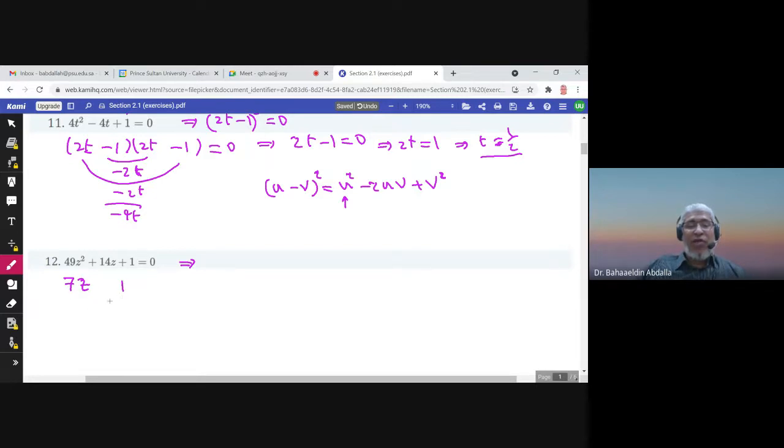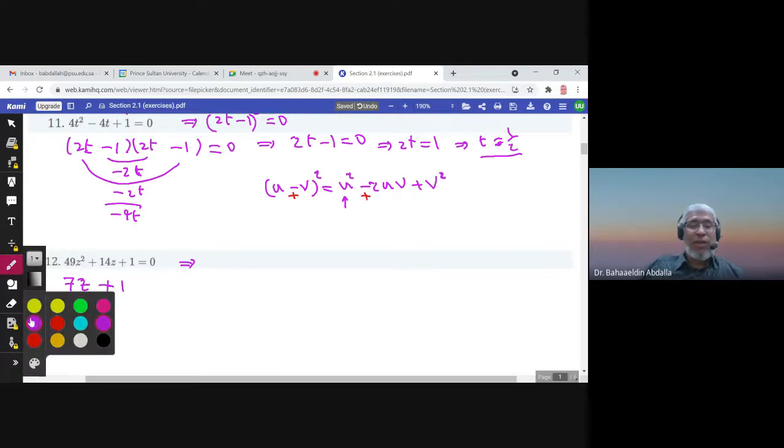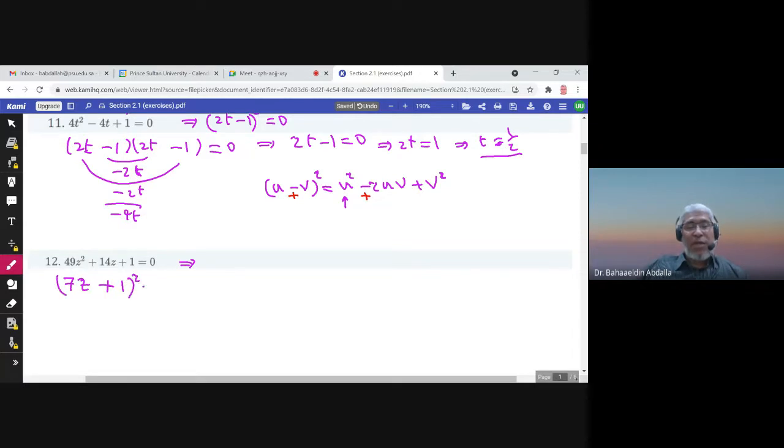If you multiply 1 times 7z times 2, you get 14z. So this is actually a perfect square. So when this is a plus, we write plus, because if you have a plus sign here, it would come here. So in fact, these three terms can be written like this.